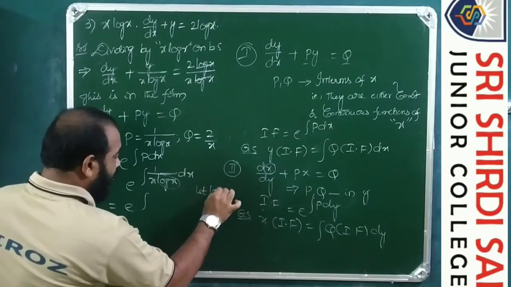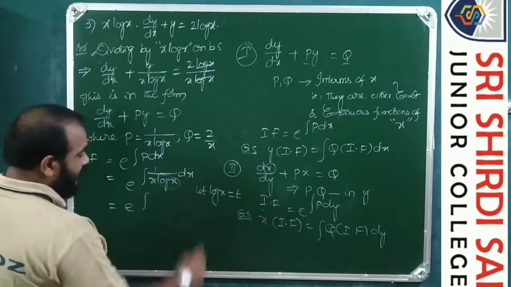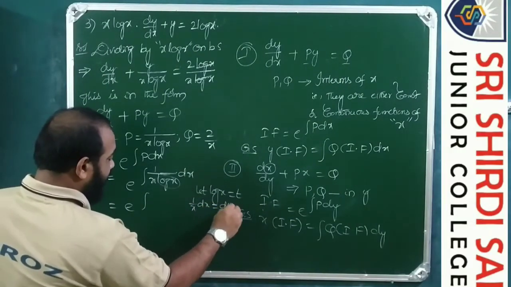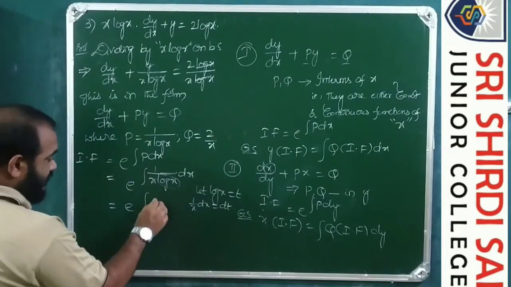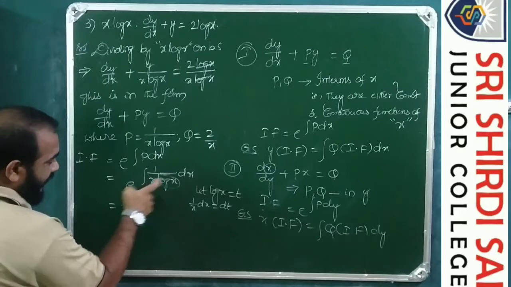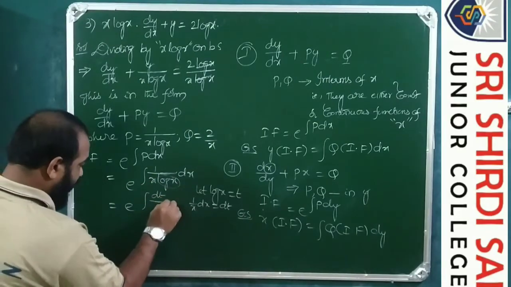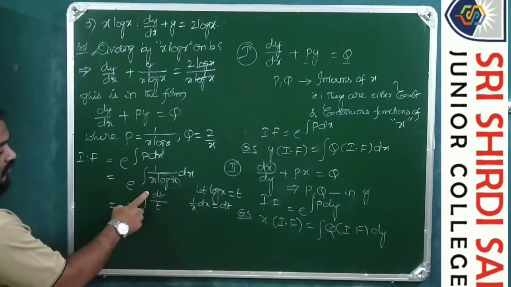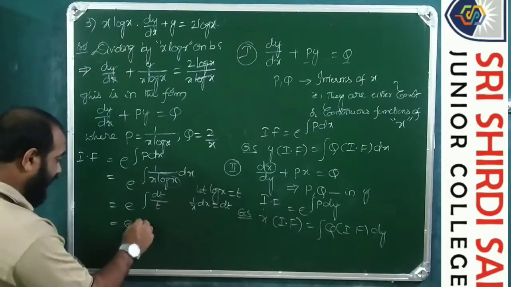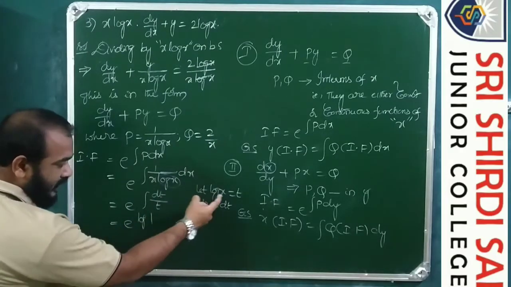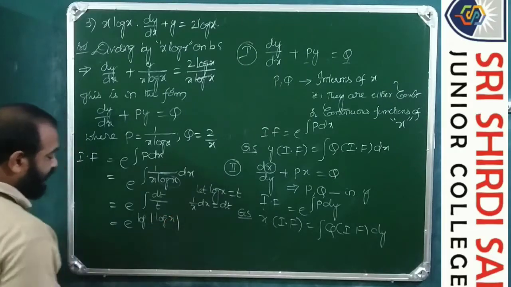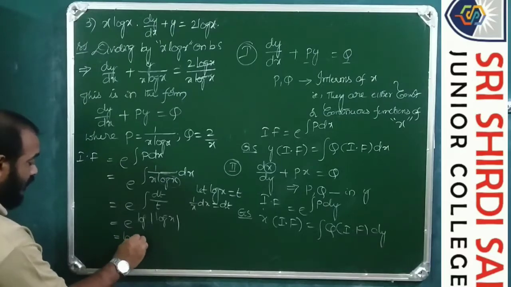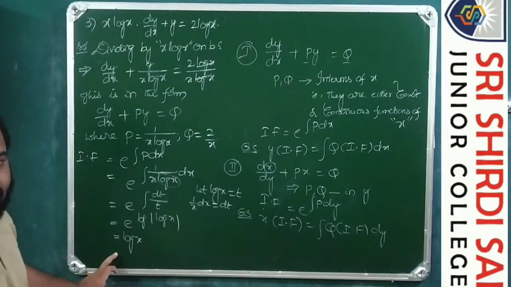Let log x is equals to t, then 1 by x dx is equals to dt. So e power integral 1 by t dt, which is log mod t. What is t here? Log x. So e power log gets cancelled, and we are left with log x. So this log x is the integral factor.